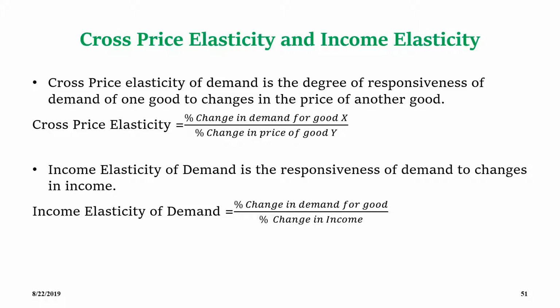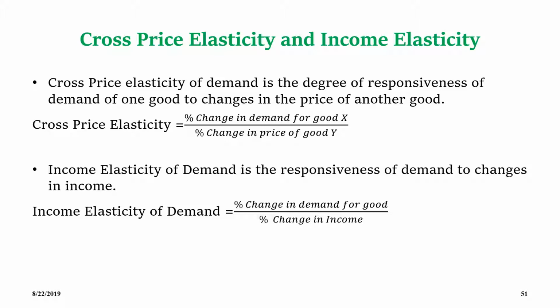The reason is that if the price of the related product increases, all else remaining the same, we expect the demand for the good to also increase. If the price of the related product falls, the demand for the substitute good will also fall. That is why the cross price elasticity is positive.